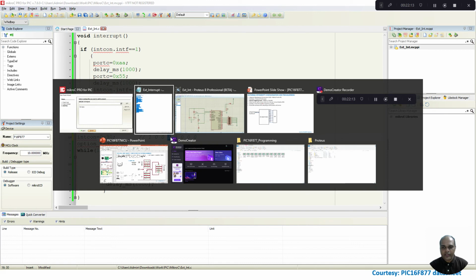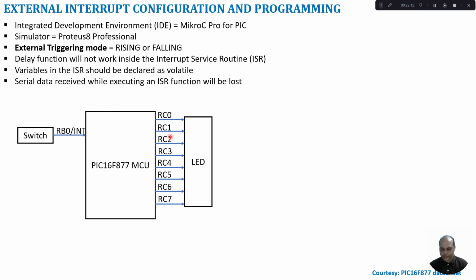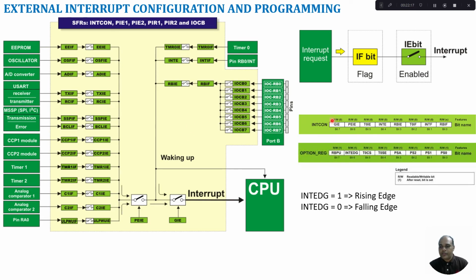You can look at this. So GIE 1 and INTE 1 and INTF is set to 0. So 1, 0, 0, 1, 0, 0, 0, 0. So global interrupt enable we have set, and INTE also we have set, INTF we have put to 0.